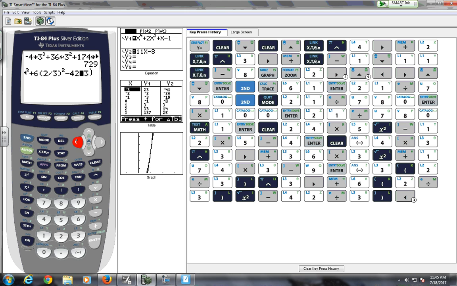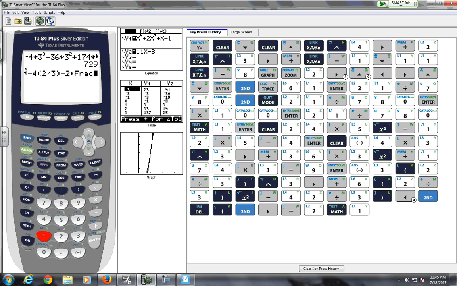Make a little correction here. Insert that parenthesis. And finally, minus 2. I want the result to be displayed as a fraction, so I'm going to do math number 1. We get negative 26/9.